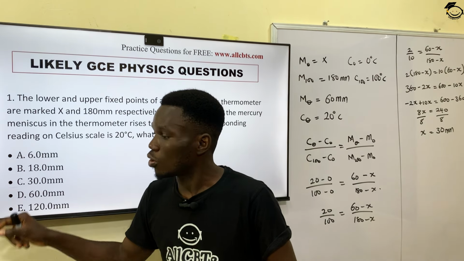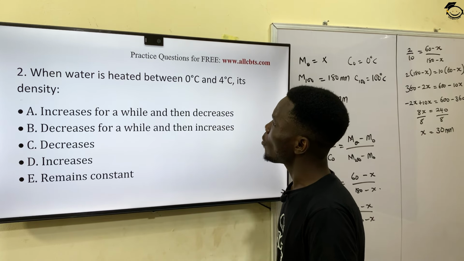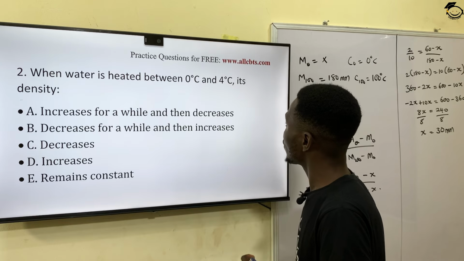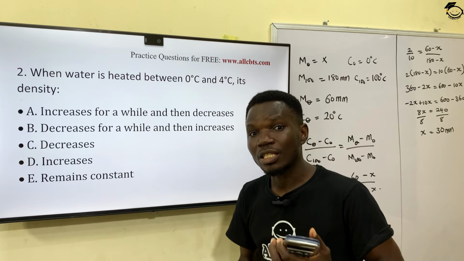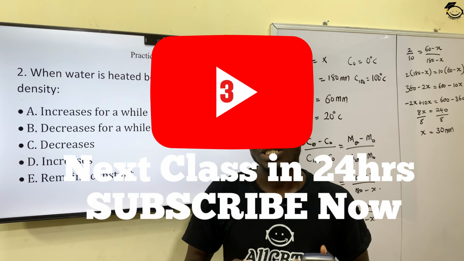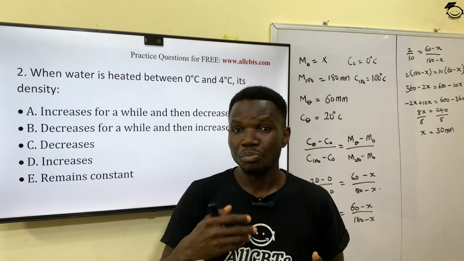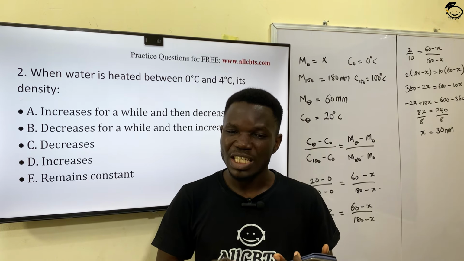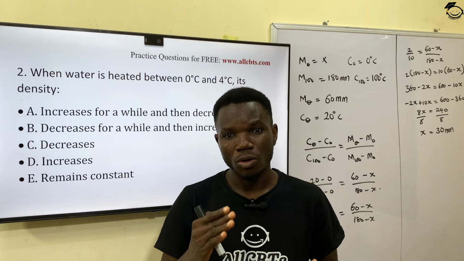which is option C. So that takes us to question number 2, which says, when water is heated between 0 degrees and 4 degrees Celsius, its density dash. When water is heated between 0 degrees and 4 degrees Celsius, you discover that the water contracts. Water has what we call anomalous behavior. It behaves irregularly. It does not expand when heated from 0 to 4 degrees Celsius, unlike other liquids.